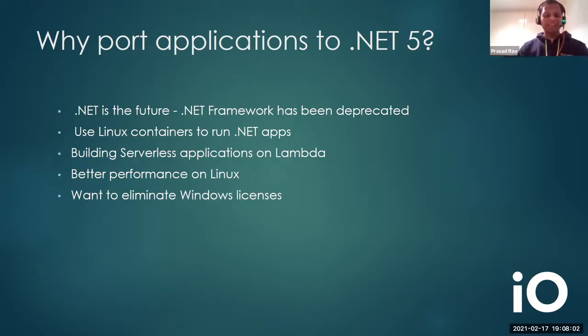Next, what we have seen in working with many of our customers is that they achieve better performance when running applications on the Linux operating system instead of Windows boxes. And then we get to the more practical ones: when you're running on Linux, you don't have to worry about Windows licenses. So you're able to save quite a bit of money while operating your workloads.